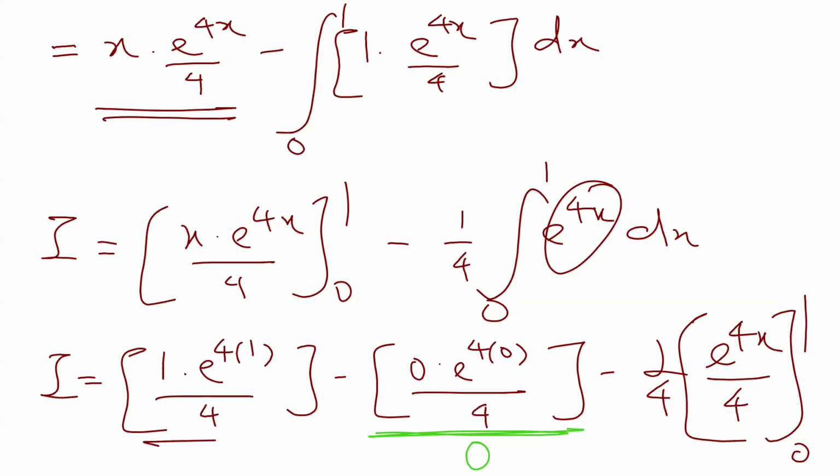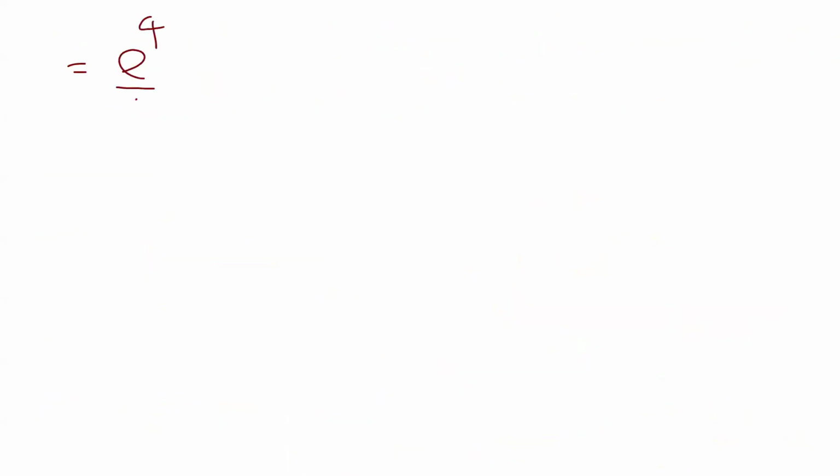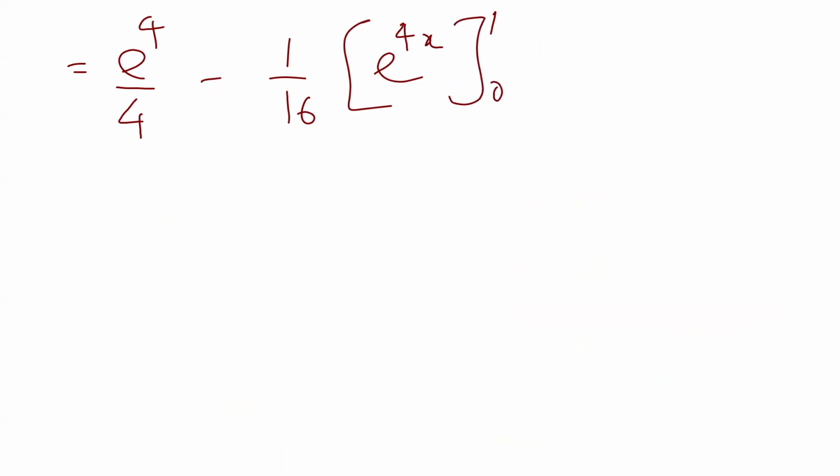So I is equal to e raised to 4 by 4 minus 1 by 16. I'll just multiply this first. Both are constants. e raised to 4 by 4 minus 1 by 16 e raised to 4x between 1 and 0.